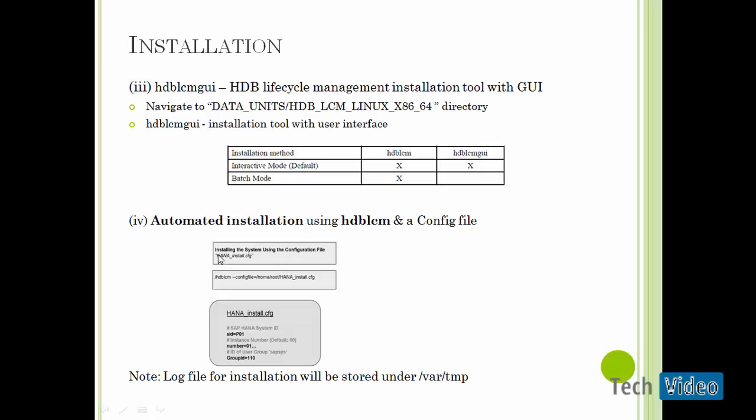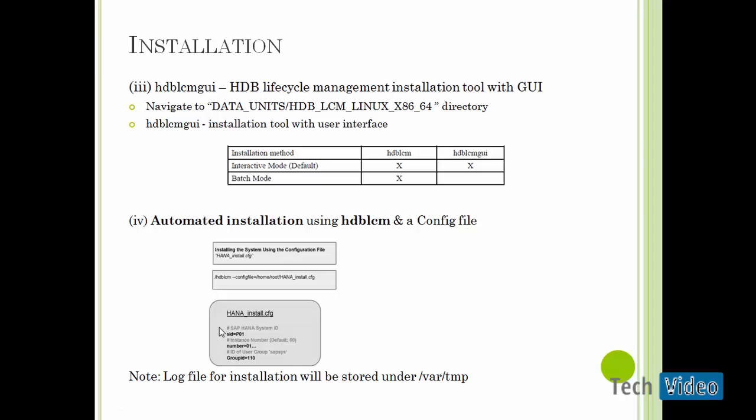This is the sample configuration file hana_install.cfg, and this is how it would look. You have to provide the SID, the instance number, and the user group ID in the same order as mentioned here. There are some more values you can mention.